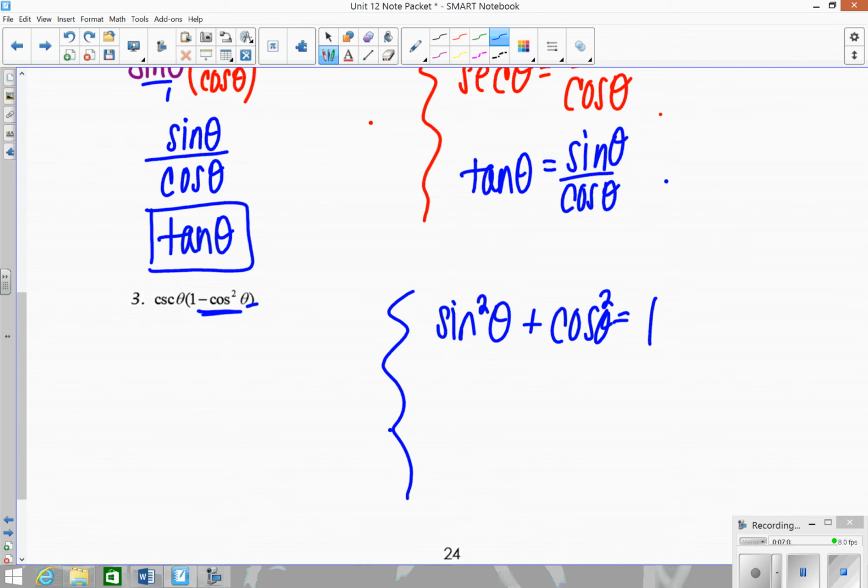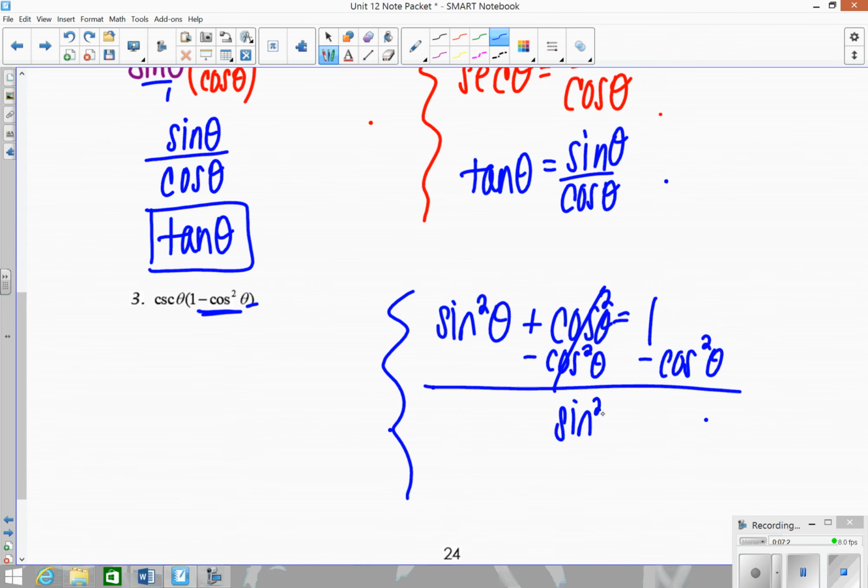So the question is, how do I get this identity to look like this? The answer to that is by subtracting cosine squared theta from both sides. That will leave me with sine squared theta equaling 1 minus cosine squared theta.